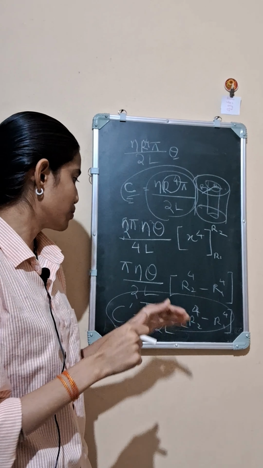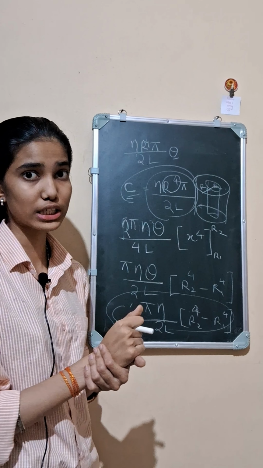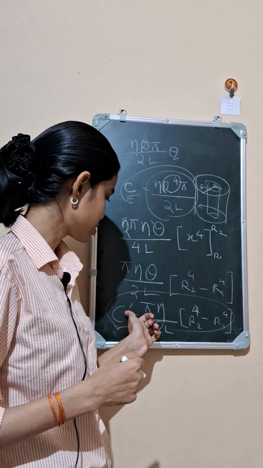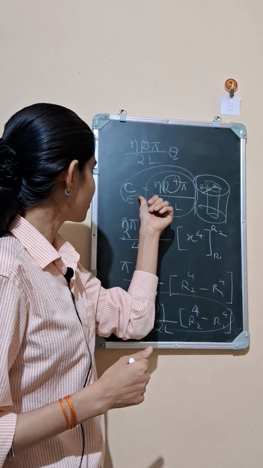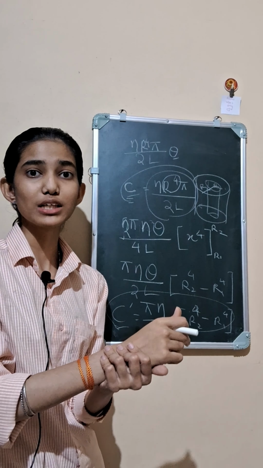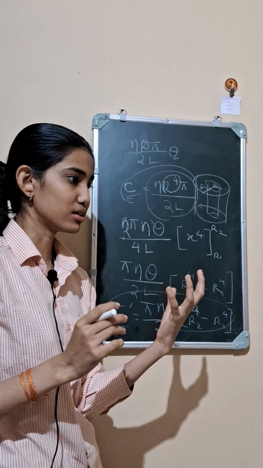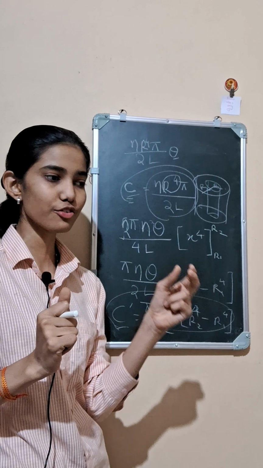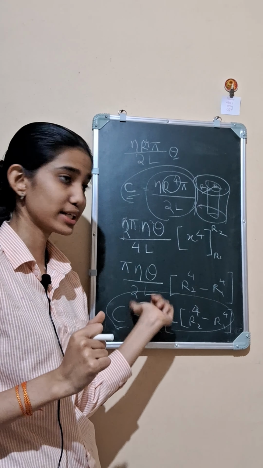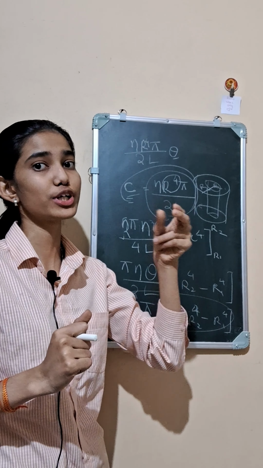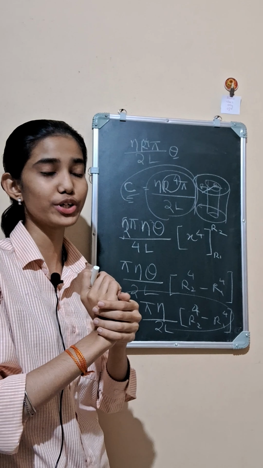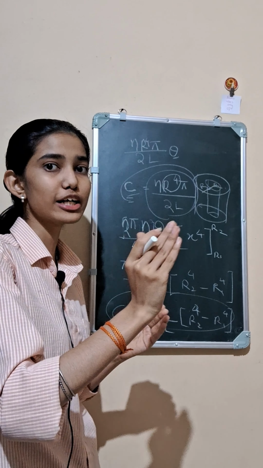But why? I am going to calculate it mathematically, but I am telling you, if I find the ratio of C dash by C, then I will find that C dash is greater than C. Means couple per unit twist is large, so to twist it by a unit angle you will need a greater torque.